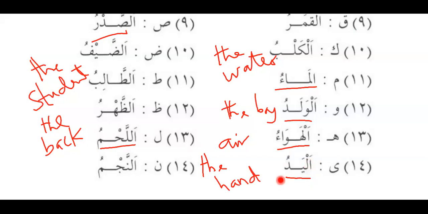So the word al-yadu is in the Quran. That's what Allah says, Yadullahi fawqa aydihim. Allah's hand is on their hands. Then an-najmu, the star. An-najmu is the star.